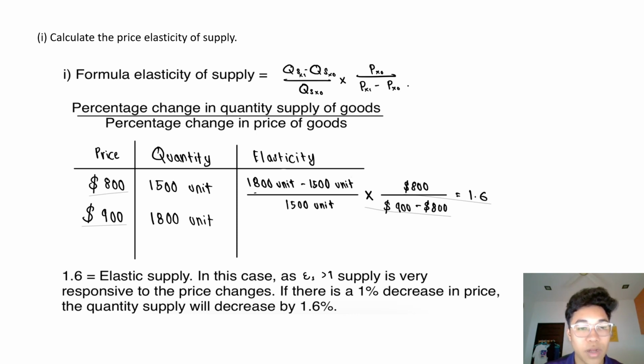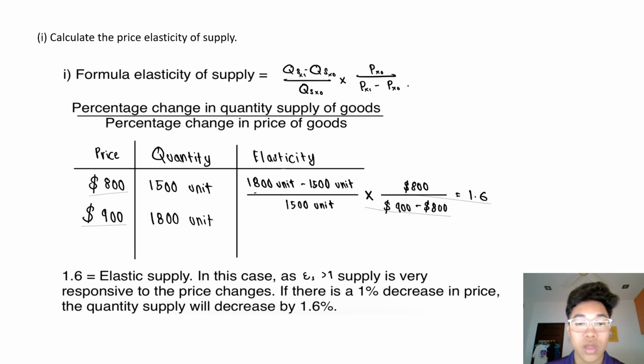So I simplify the question into this table, which I divide into 3 columns: price, quantity, and elasticity. Look at the price. We have $800 and $900. The quantity for $800 is 1,500 units, and for $900 we have 1,800 units.